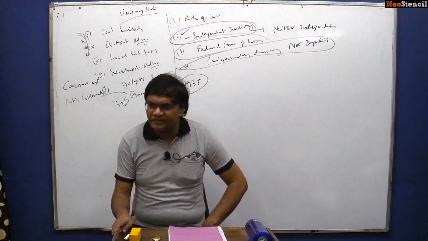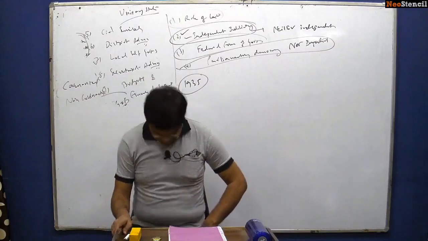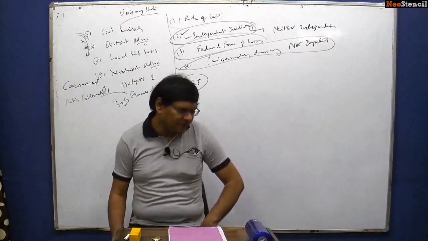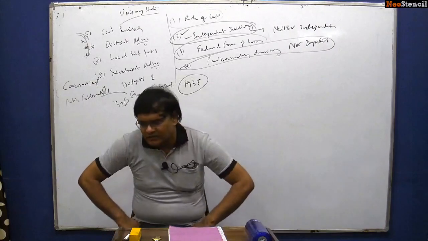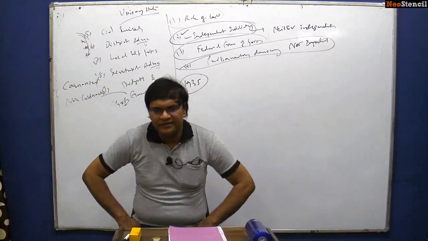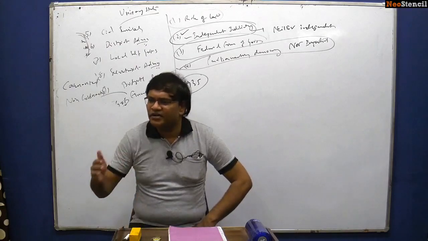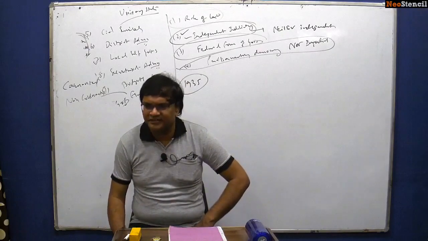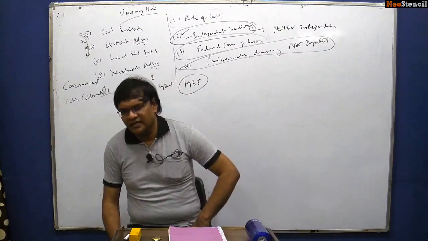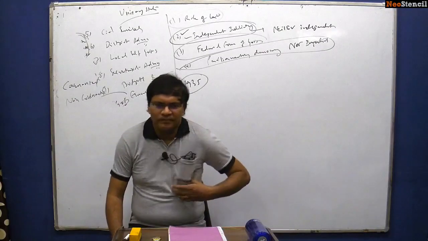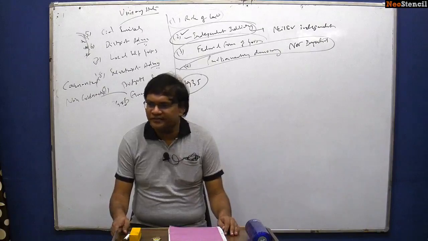Second one is Provincial Civil Services. What were these Provincial Civil Services? Like what we have at present, state services. At the state level you have Group A, Group B, Group 1, Group 2 services, provincial services.